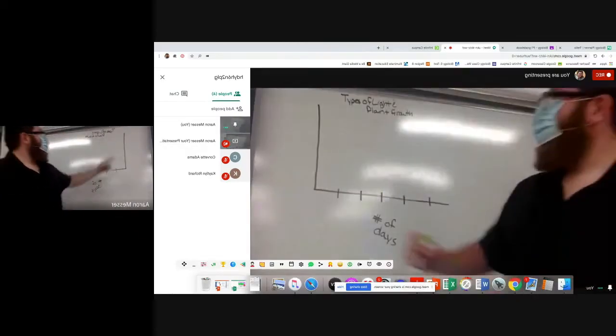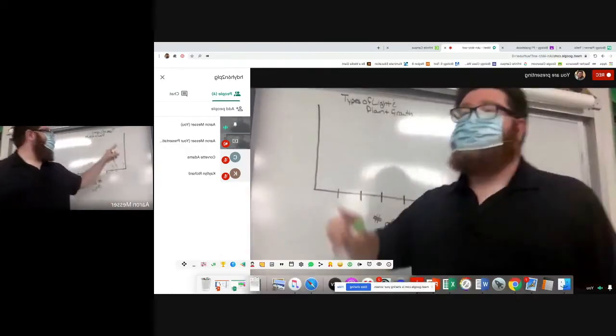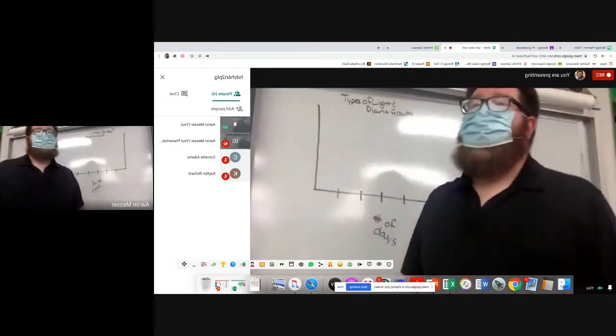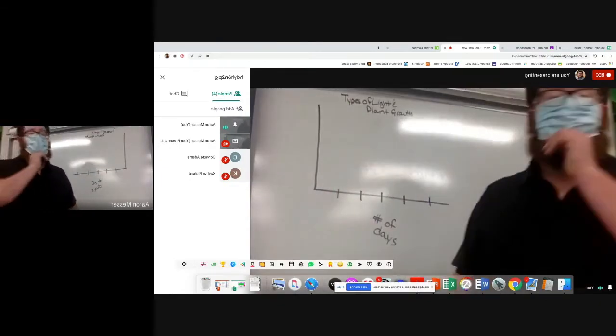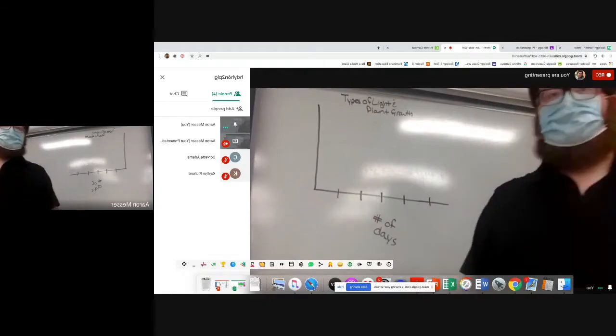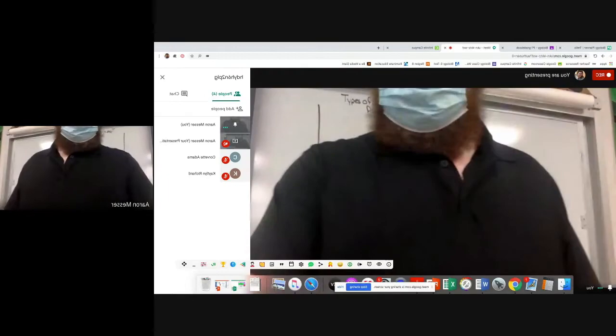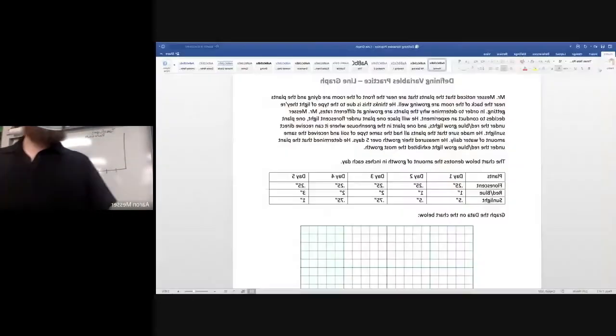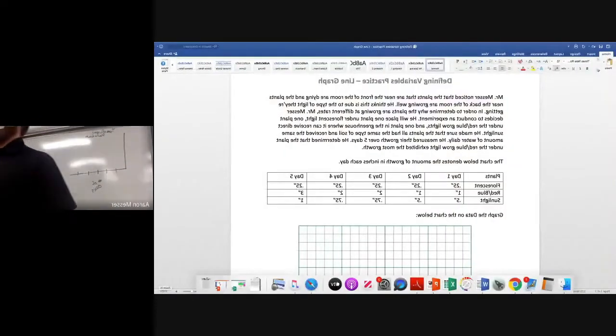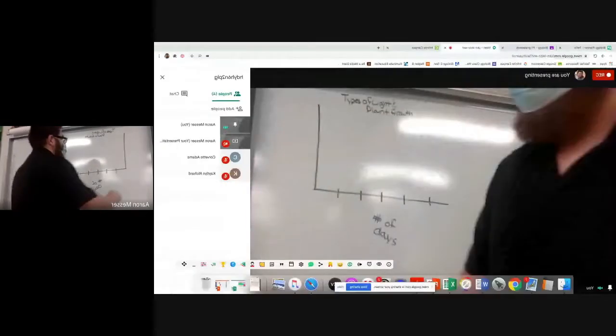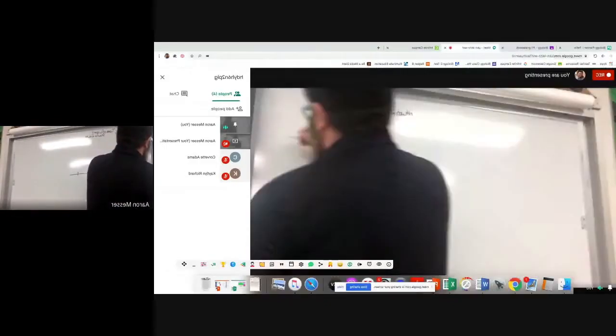Okay, and then dependent, what goes on the y-axis? What are we measuring here? Plant growth in what? Inches. So we'll put plant growth in inches over here.